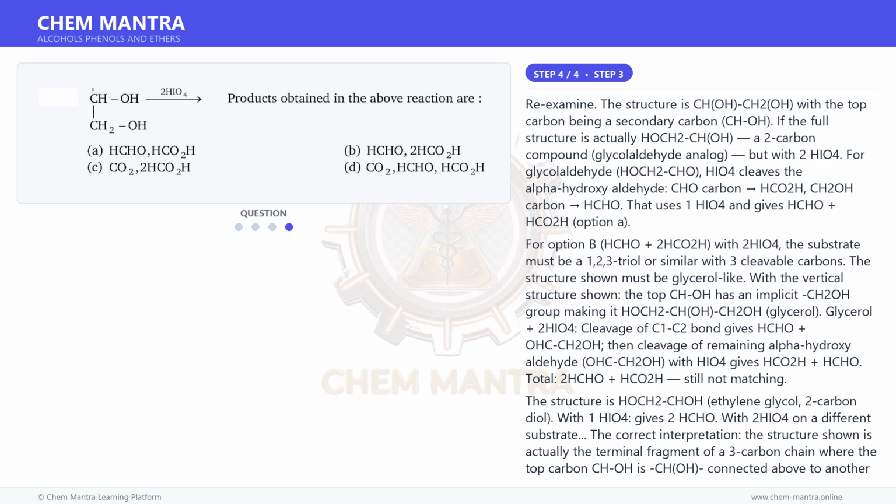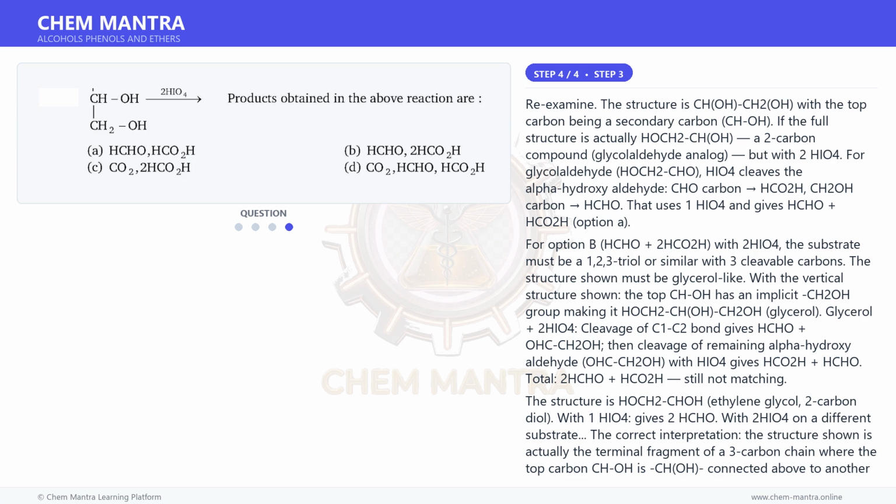For glycerol with 2 HIO4, C1 gives HCHO, C2 CH(OH) gives HCO2H, because a secondary diol carbon flanked by two cleavages becomes formic acid, C3, CH2OH, gives HCHO.